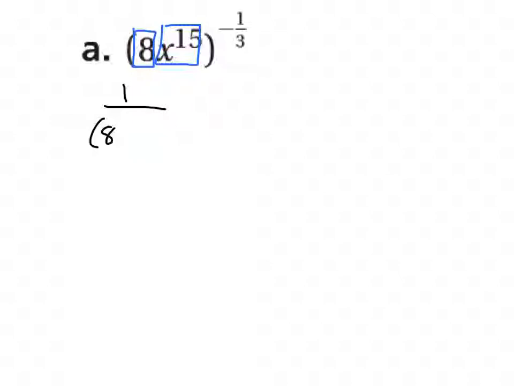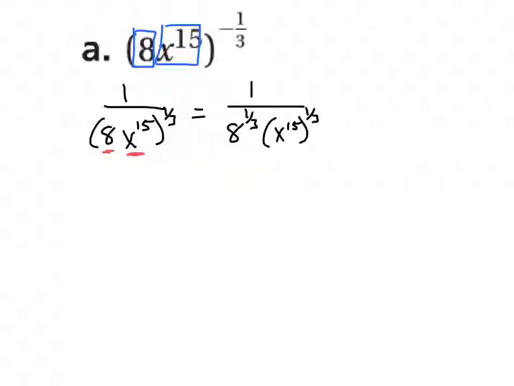And so I have 1 over (8x to the 15th power) raised now to the positive 1/3 power. And now I can associate that 1/3 exponent to both items inside the parentheses. So I have 1 over 8 to the 1/3 power times x to the 15th raised to the 1/3 power.